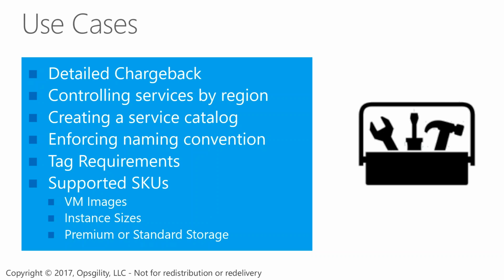For example, if my organization only exists in California, then maybe I only want to choose the regions that exist in California, like West US. I can control services so that they would only be able to be created there. Also, as I mentioned, I can create a service catalog, only allowing the creation of resources that my organization supports. We can enforce naming conventions, enforce the use of tags, and so on. So quite a few different use cases there that we can pursue.